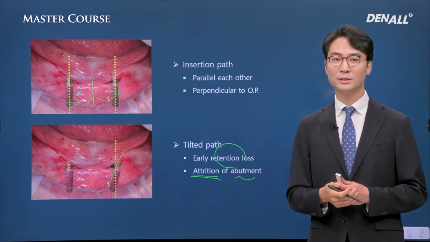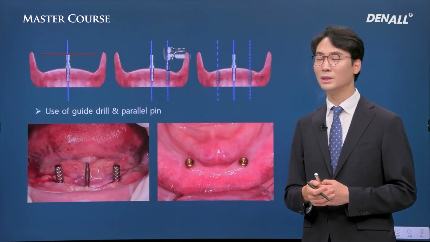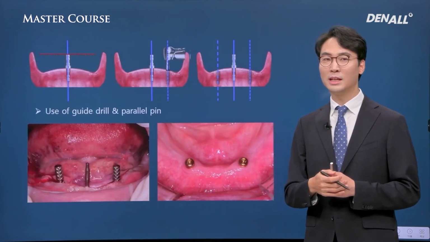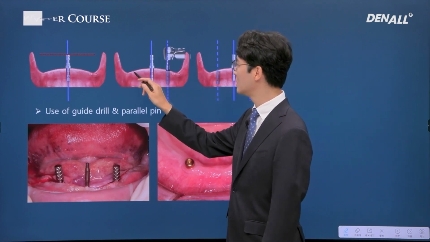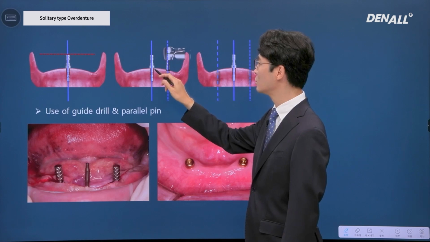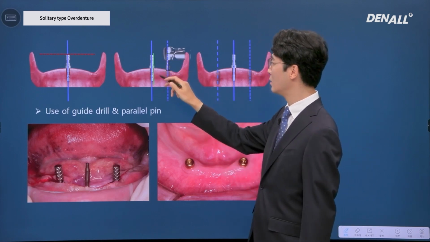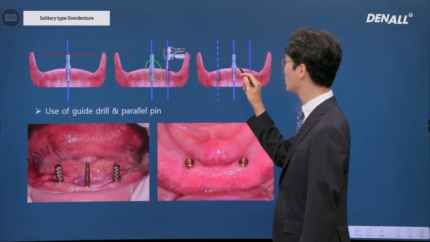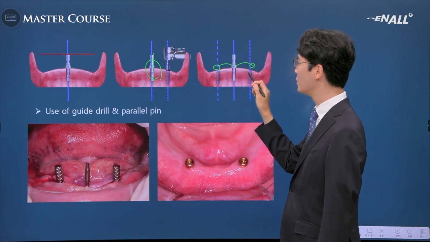So in the implant placement stage, we need to pay a lot of attention so that the 2 implants can be placed in a parallel manner. In order to do this, in the middle of where the 2 implants are going to be placed, in the midline area, I do guide drilling and place a parallel pin first and place the 2 implants at the same distances.